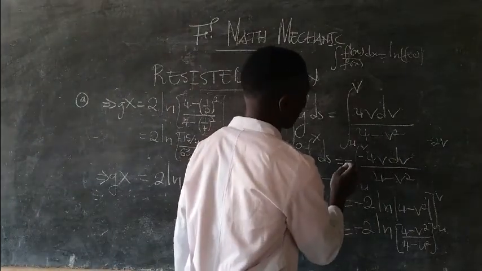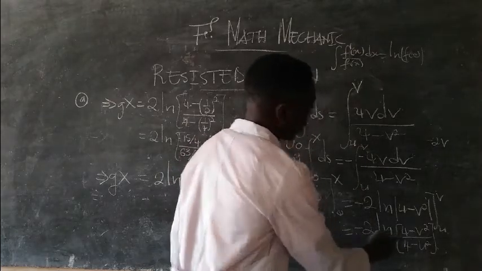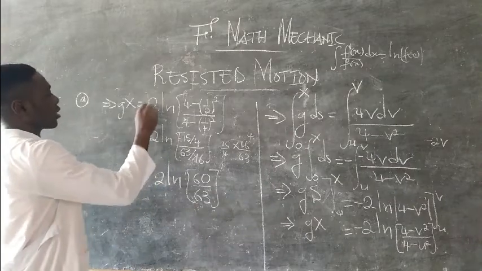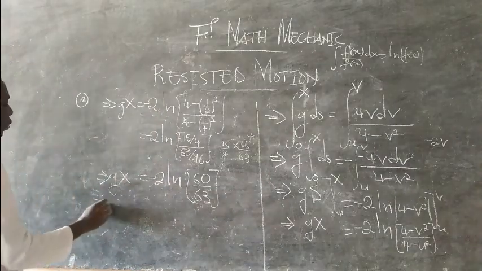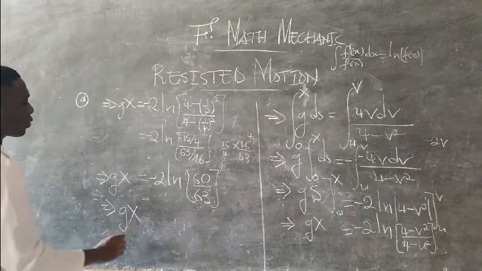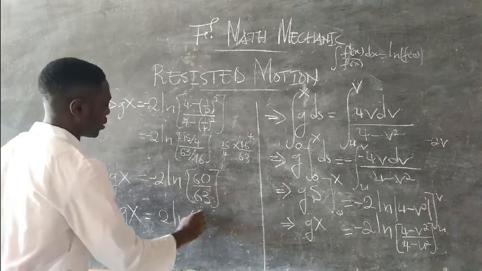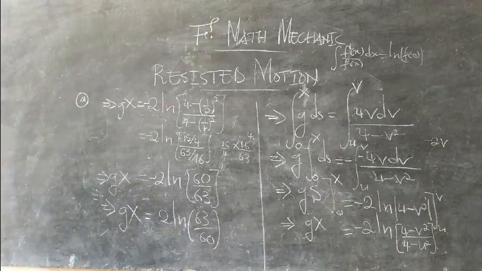So you see the same thing. You follow downwards, the negative will still apply, all right? Now, when you have applied the limit, the negative is still here. Since we want to remove the negative, there was no negative in the group. g(x) will simply be equal to 2 ln 63 on 60. Okay, simply 2 ln 63 on 60.